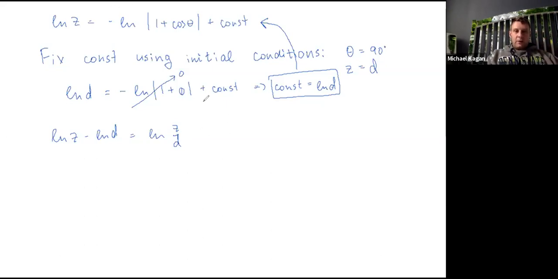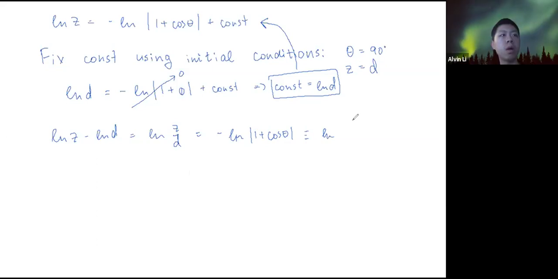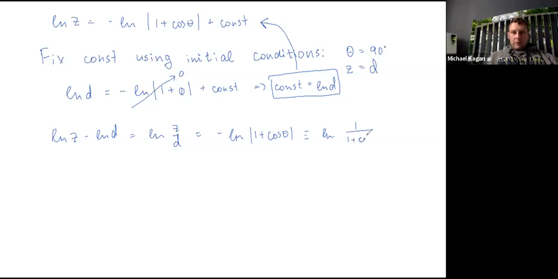Okay, and then of course this is equal to minus ln of 1 plus cos theta. So now it's really easy to finish it off. How does the minus work with the logarithm? This is the same as ln of what? One over, yes, 1 over 1 plus cos theta. And then you can skip the logs.